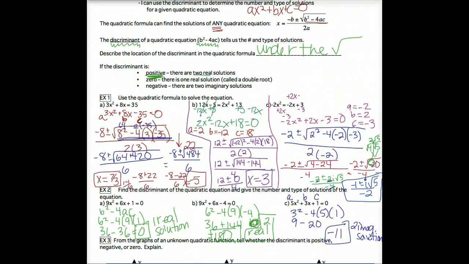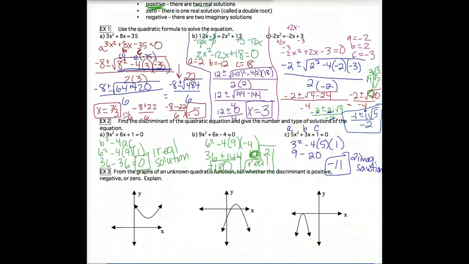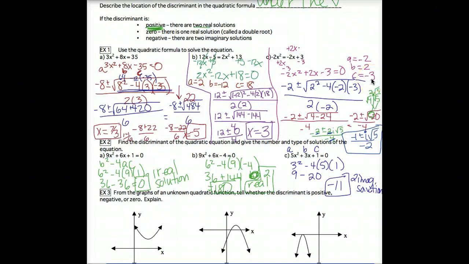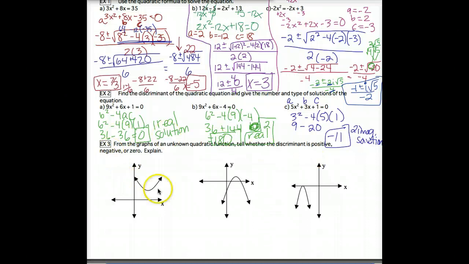All right. This next part is kind of an application, bringing it together and making sure you understand what we are doing. When we are solving quadratic equations, we are finding x-intercepts or zeros. So we can do that many different ways. We can do that by graphing, we can do that by factoring, we can do that by taking square roots. Now with the quadratic formula. So remember that the solutions are x-intercepts.